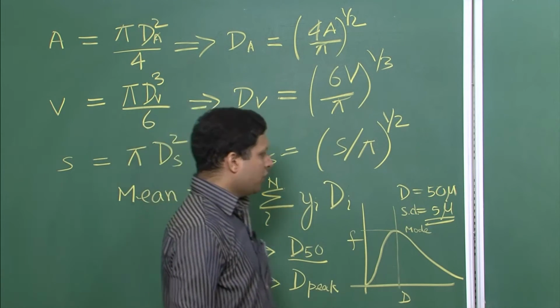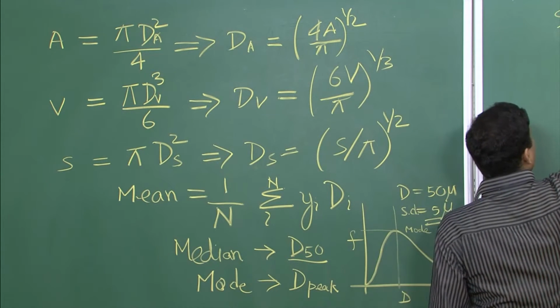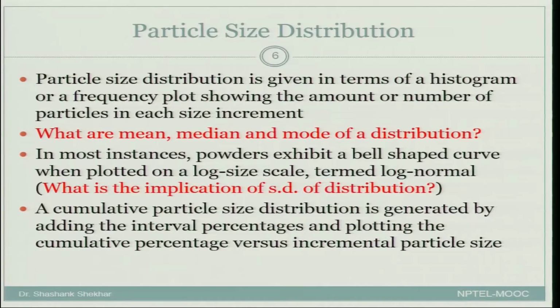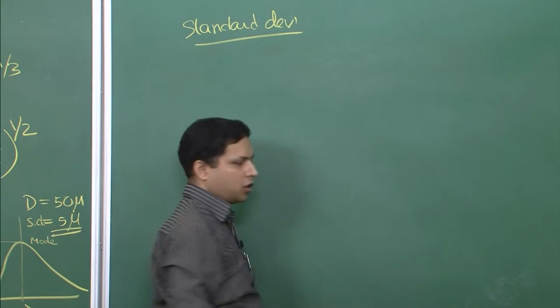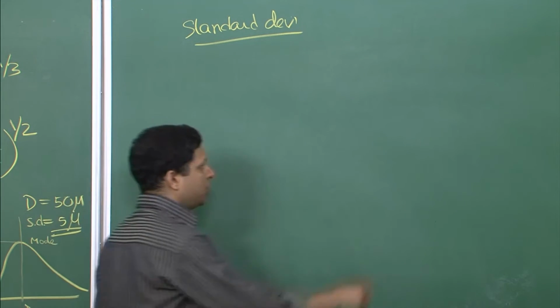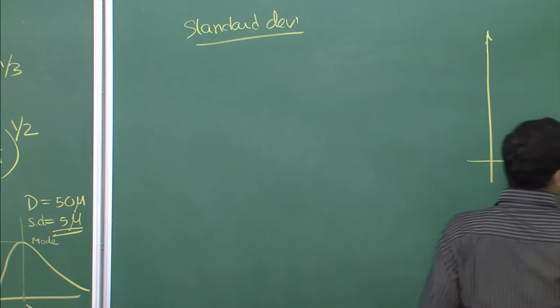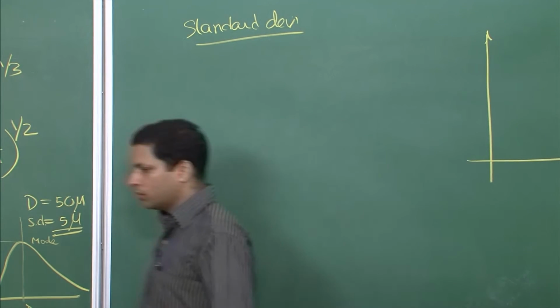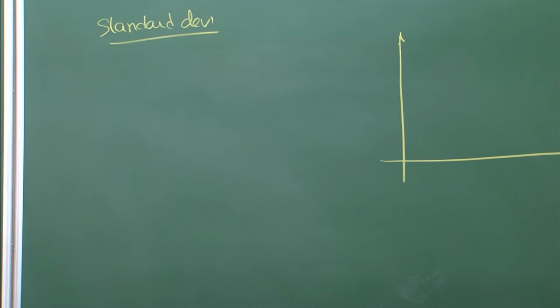So, the importance of this standard deviation is particularly for distributions which are called a normal distribution. So, let us say I have, and let me use a few more colors over here to define this in a better way.